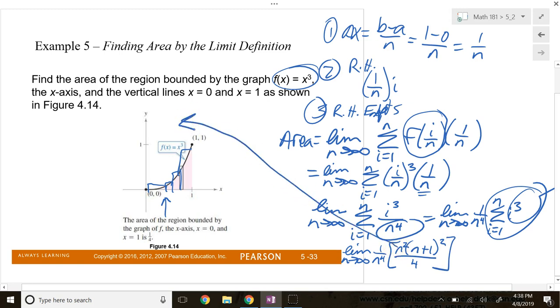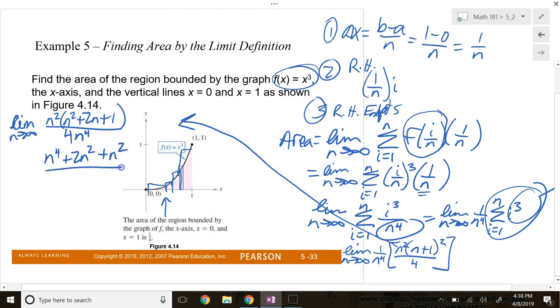I'm sorry, you guys. The limit as n goes to infinity, and I've got n squared, I've got n plus 1 expanded, so n squared plus 2n plus 1, all over this 4n to the 4th right there. So I got n to the 4th plus 2n to the 3rd plus n squared all over 4n to the 4th.